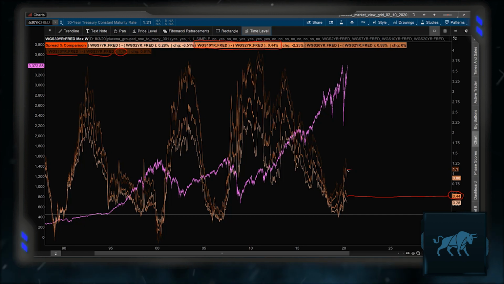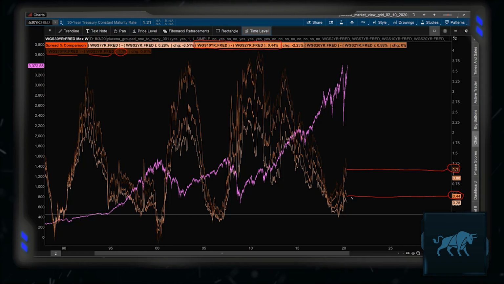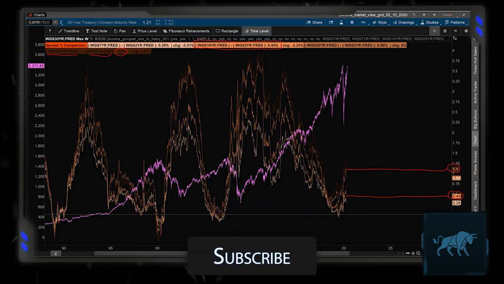On this price axis, we can see it as 1.1. There's two more shown: the relationship between the 2-year and the 20-year, and the relationship between the 2-year and the 7-year. These are just different snapshots of the treasury yield curve.